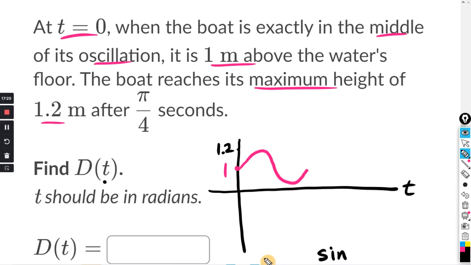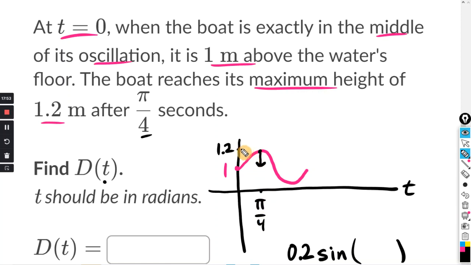All right, and we need our amplitude. So they said the average is 1 and it heads up to a maximum of 1.2. So that distance, 1.2 minus 1, is just 0.2. All right, for the period, they said the middle to the max took pi over 4 seconds. So for this point right here, that's going to be at pi over 4.